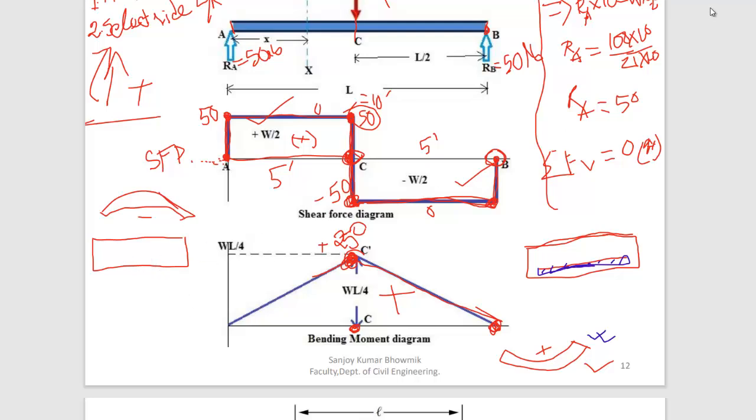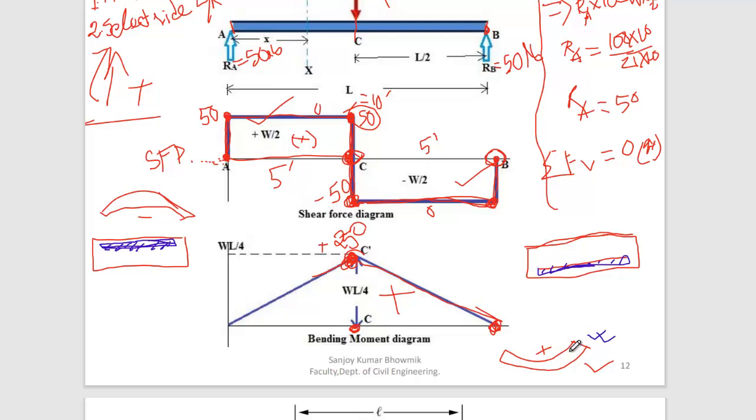So which layer will you consider the rod then? To resist, you will consider the upper layer. Do you understand or not? Yes, sir. We'll consider the upper layer rod, this time the upper layer rod for the negative zone. Okay.